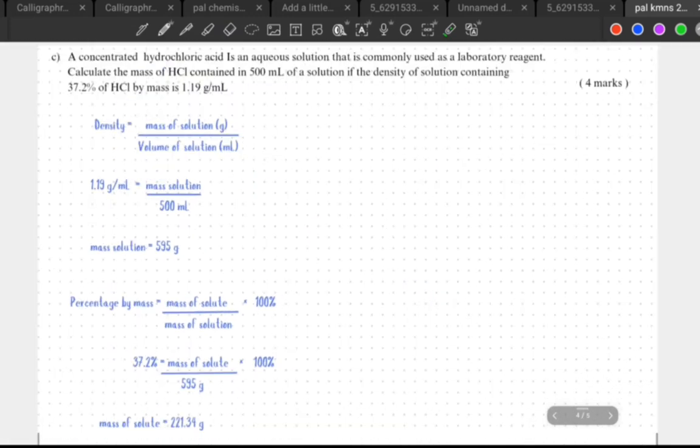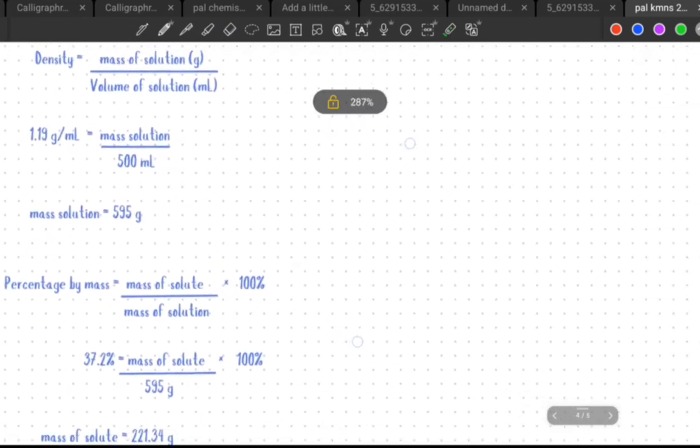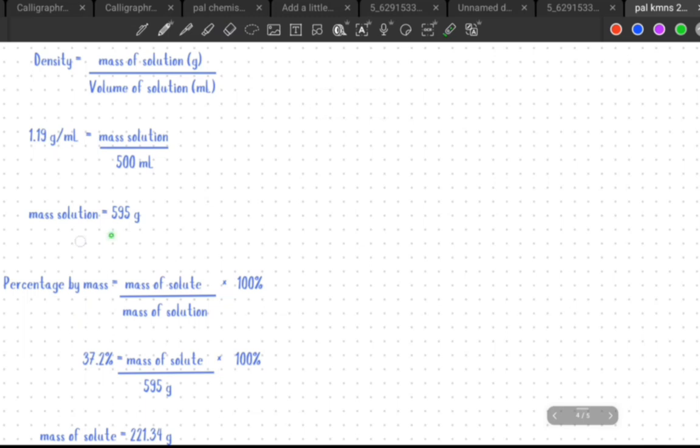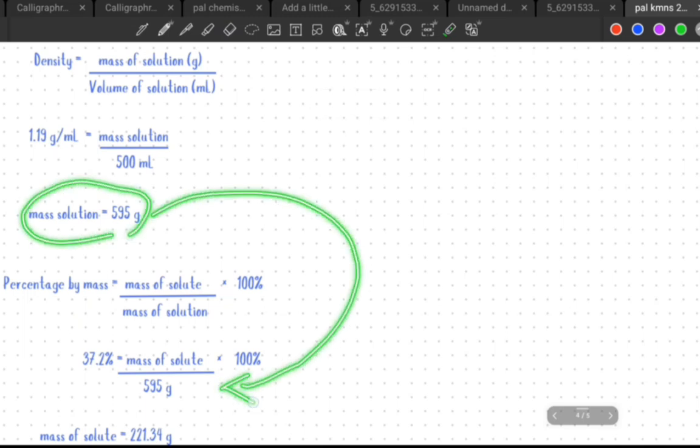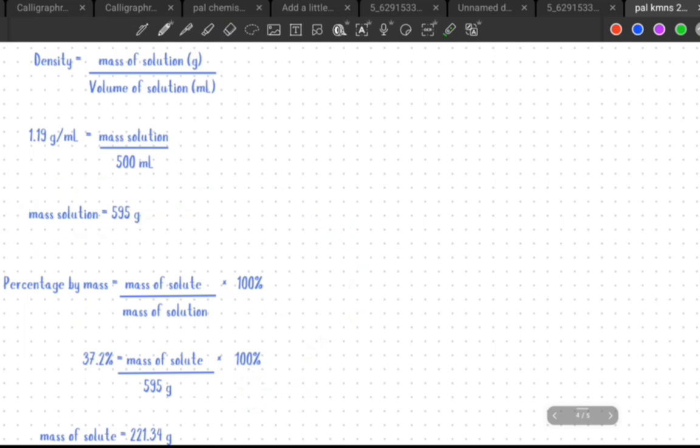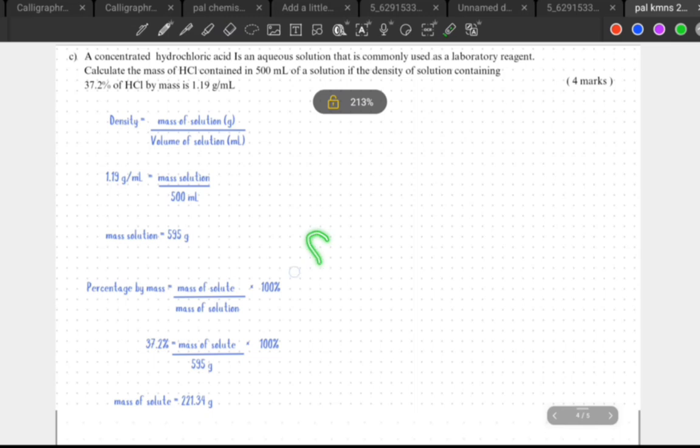The question gives us the percentage by mass, which is 37.2%. Also, we can substitute the mass of solution in here, and then you will get the mass of solute, where the solute is HCl.